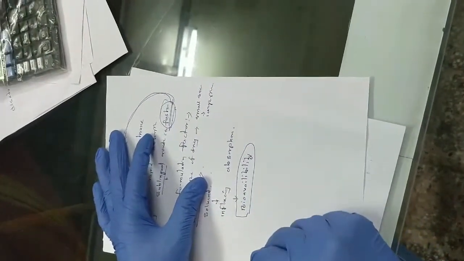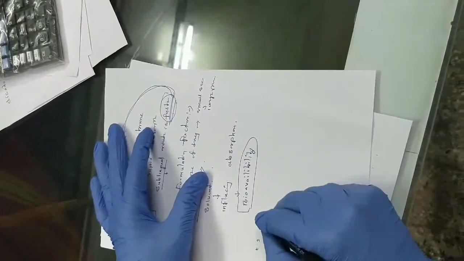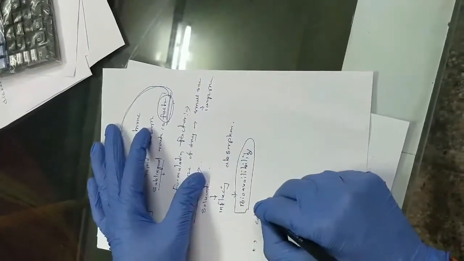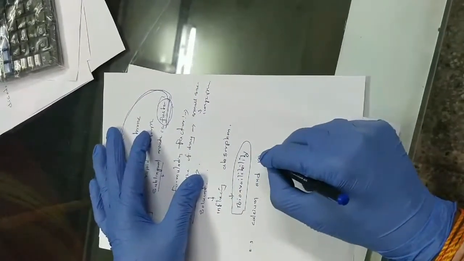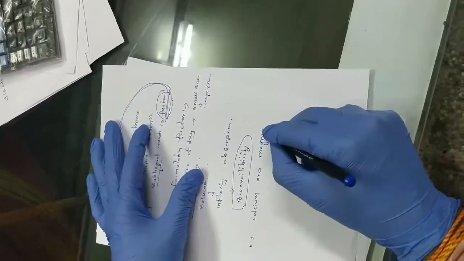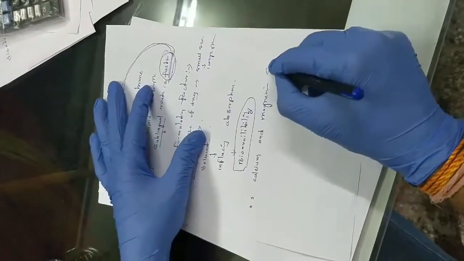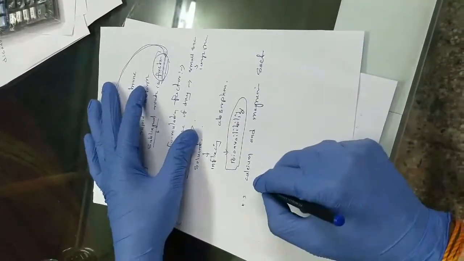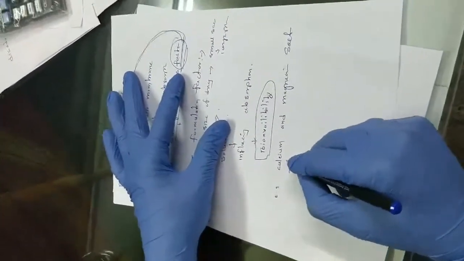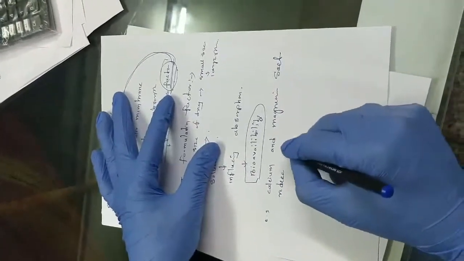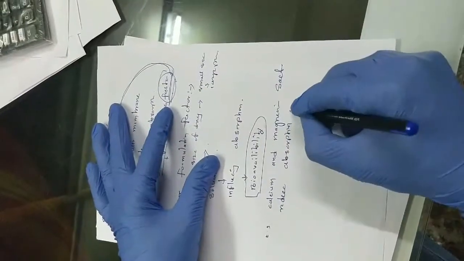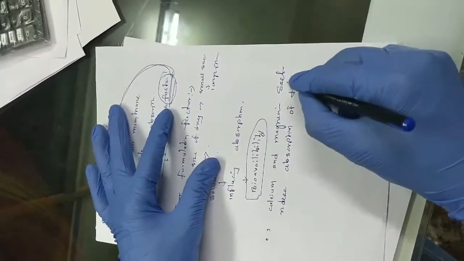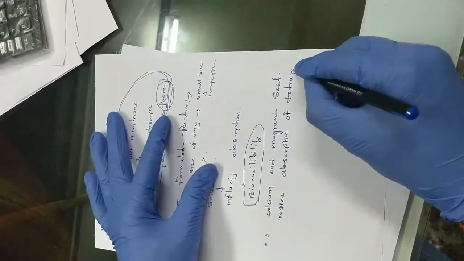For example, calcium and magnesium salts reduce the absorption of tetracycline.